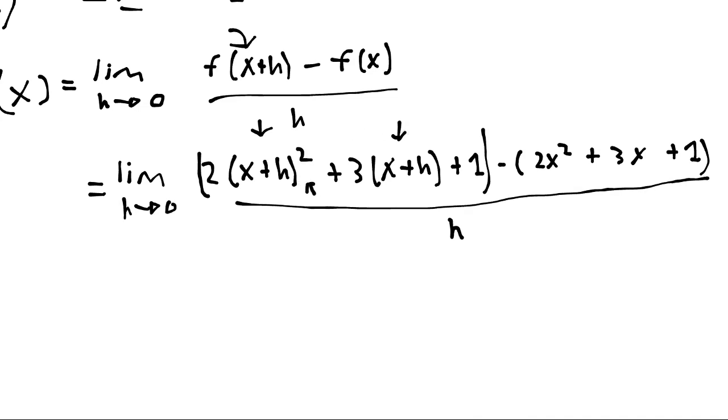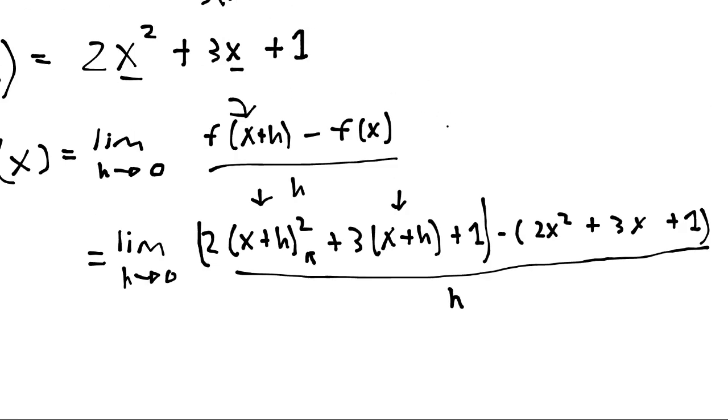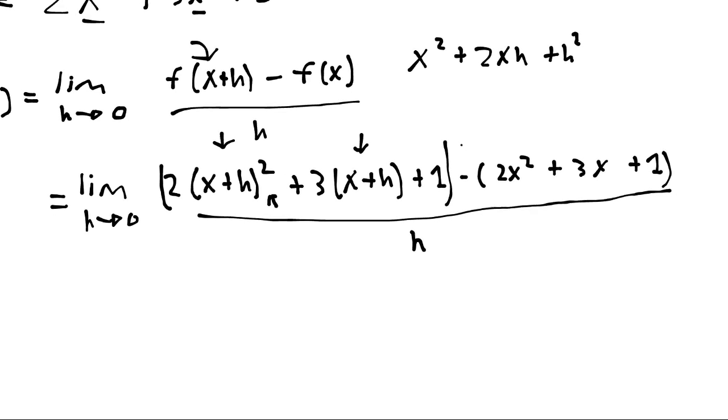If you remember how to square a bracket like that, it becomes x squared plus 2xh plus h squared. I'm going to zoom forward a little bit so you can see what this looks like.